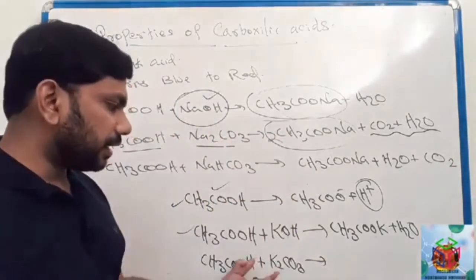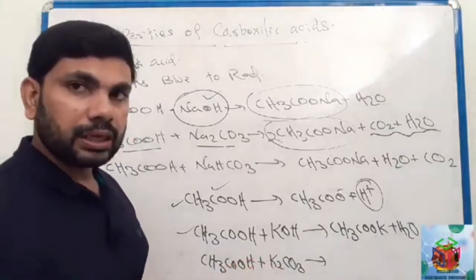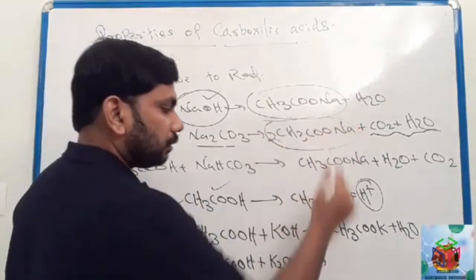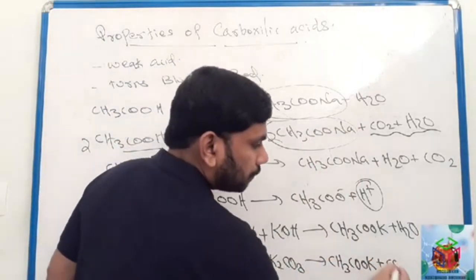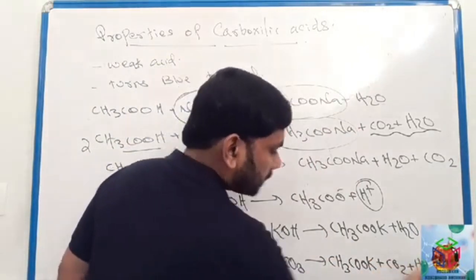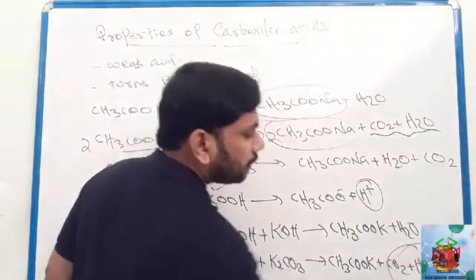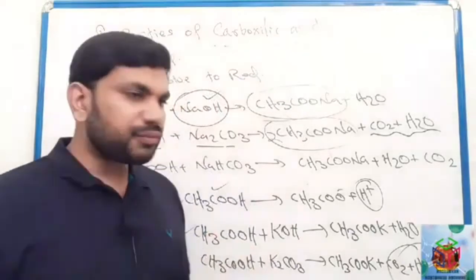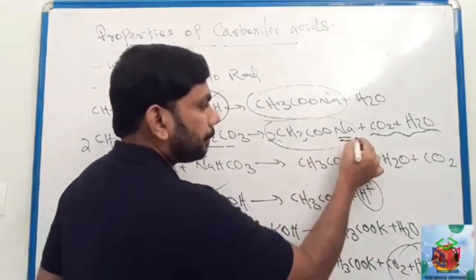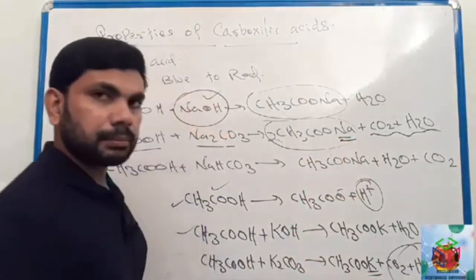Similarly here another example, K2CO3. So same way you can write here CH3COOK, carbon dioxide and water. This is carbonate, so this side product will be common, carbon dioxide and water. The only difference is here it is sodium, but here it will be potassium.